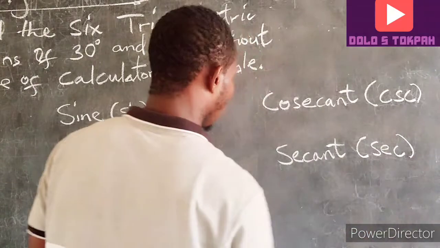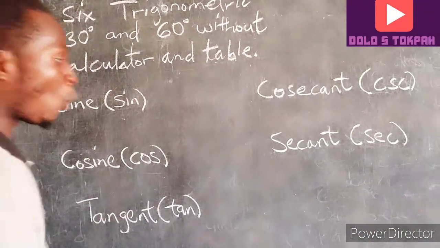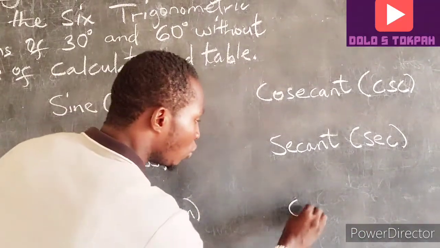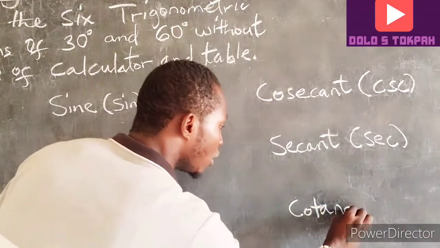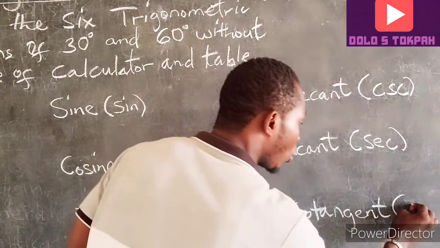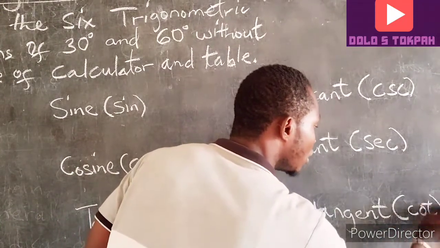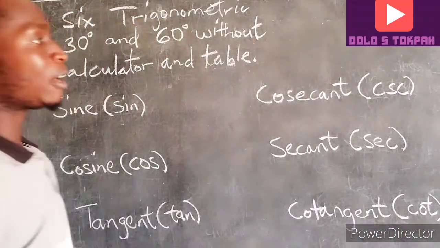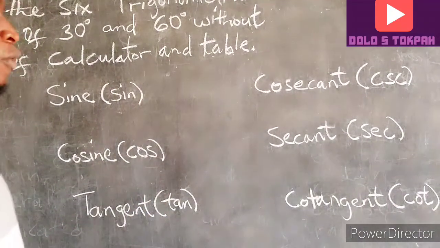And sixth, we have cotangent, C-O-T-A-N-G-E-N-T, and the abbreviation is cot. So we have listed the 6 trigonometric functions.